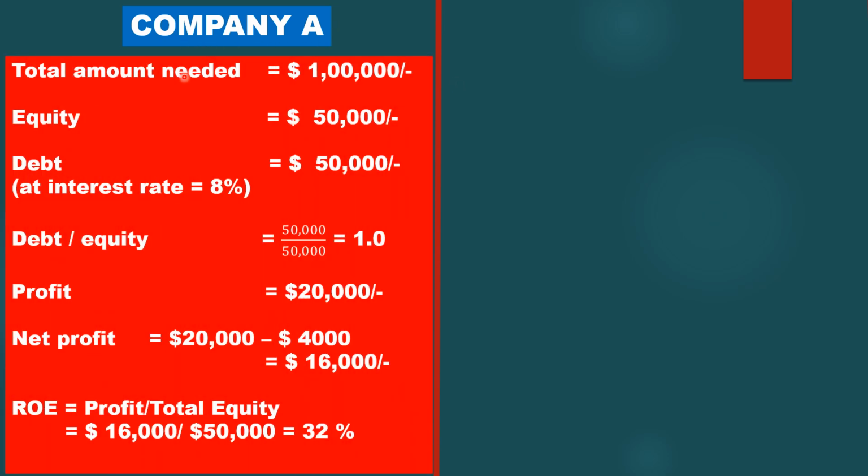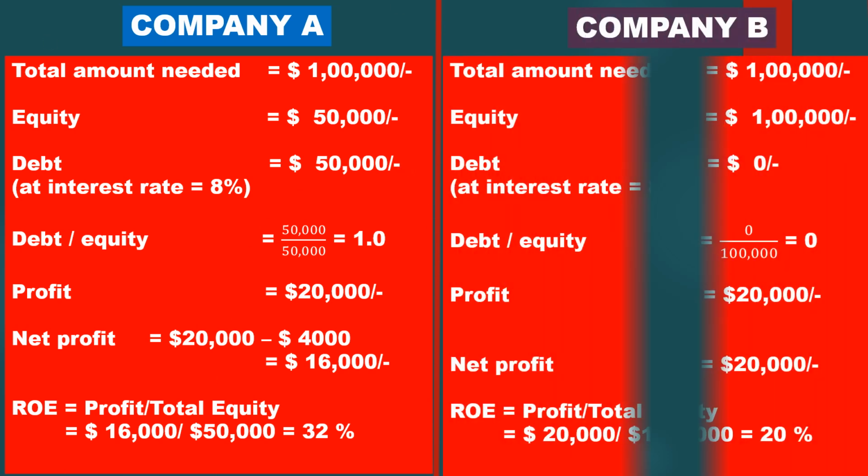Okay, now let us demonstrate which is the best debt to equity ratio by comparing two companies. Let us call company A, and the details are as follows, and let us take company B and the details are as follows. I will explain one by one.